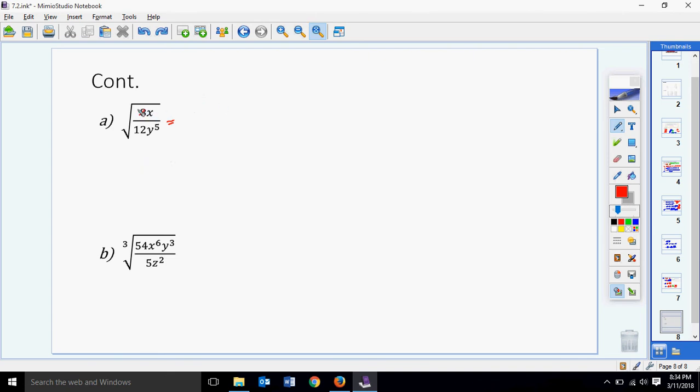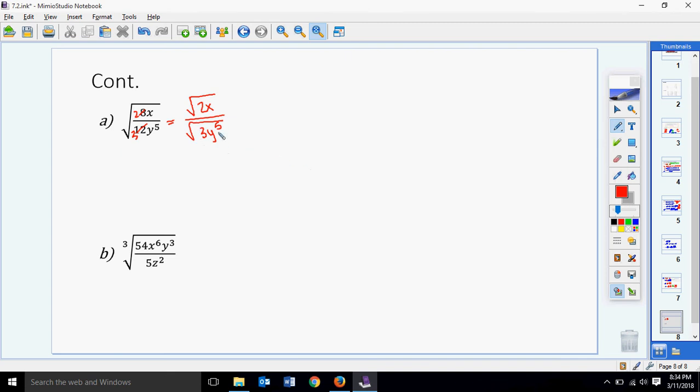If I divide them both by 4, I'd get 2 and 3. So now I have the square root of 2x over the square root of 3y to the 5th. Okay, I simplified it and then I broke it up into two radicals there.